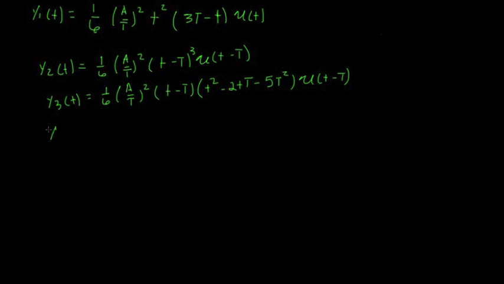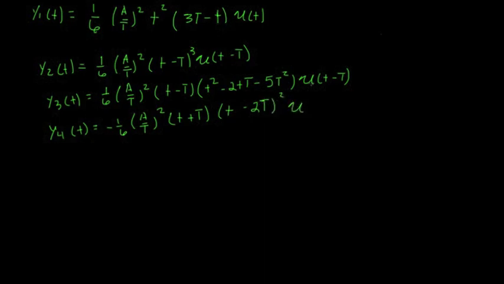And then y4 of t is equal to negative 1/6 (a over T) squared (t plus capital T)(t minus 2 capital T) quantity squared u of t minus 2T.